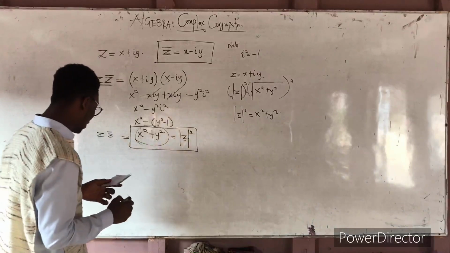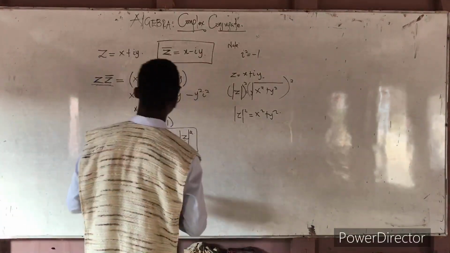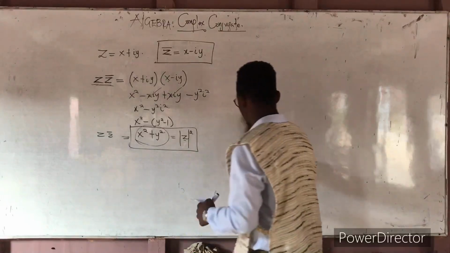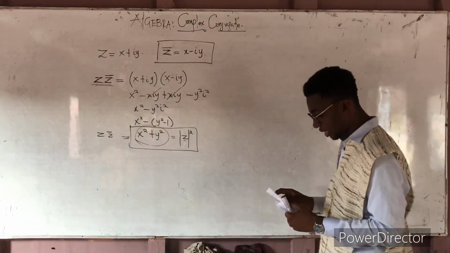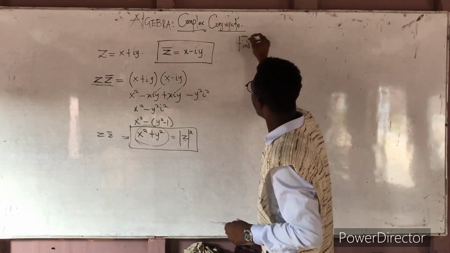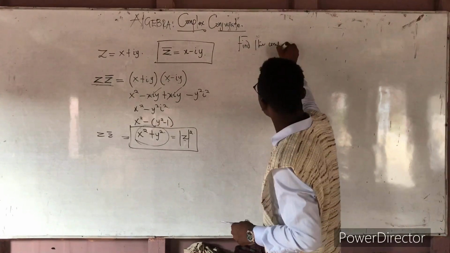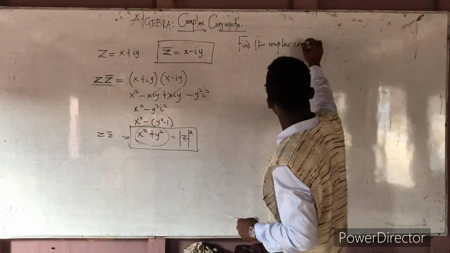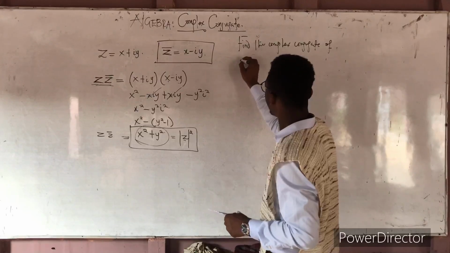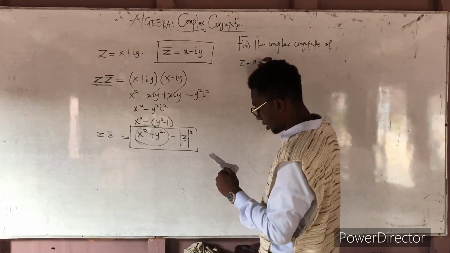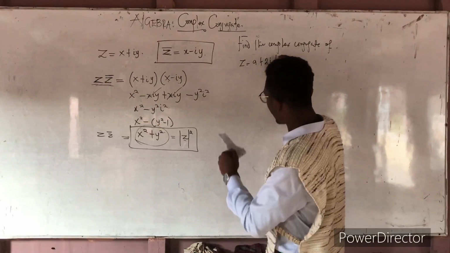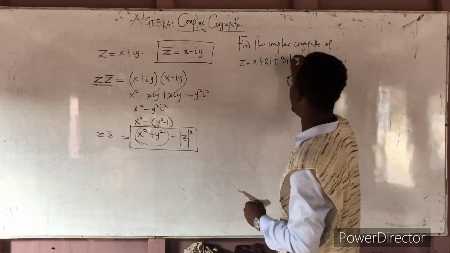If that is the case, let's look at one or two examples. Example 1: we are asked to find the complex conjugate of z equals a plus 2i plus 3ib.